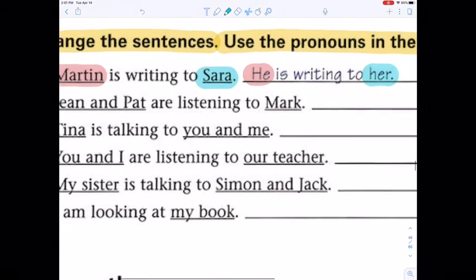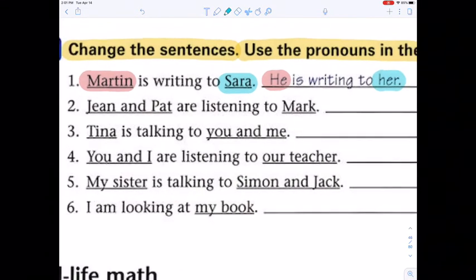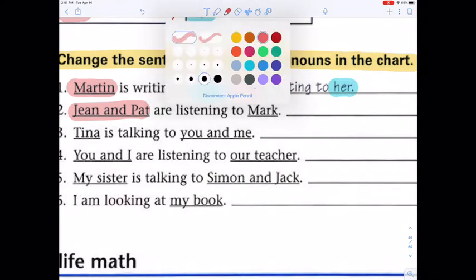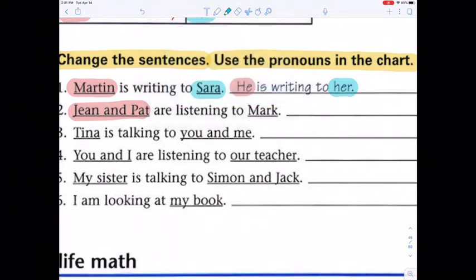Let's do one together first. Jean and Pat are listening to Mark. So first we have the subject, Jean and Pat. And then what's the object in this sentence? Mark. So Jean and Pat are doing the action, they are listening. And who's receiving the action?